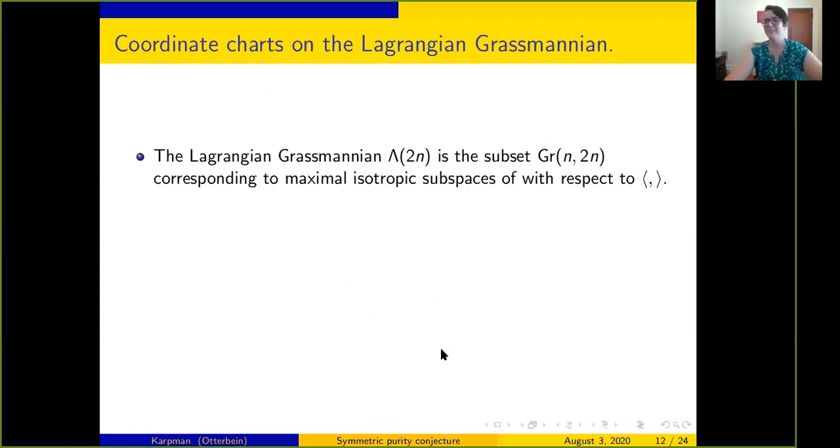I'm going to denote by this capital Lambda the subvariety of the Grassmannian of n-planes in 2n-space, so 2-planes in 4-space, for example, corresponding to maximal isotropic subspaces with respect to the bilinear form defined, or more concretely, points represented by matrices whose rows, again, are orthogonal.